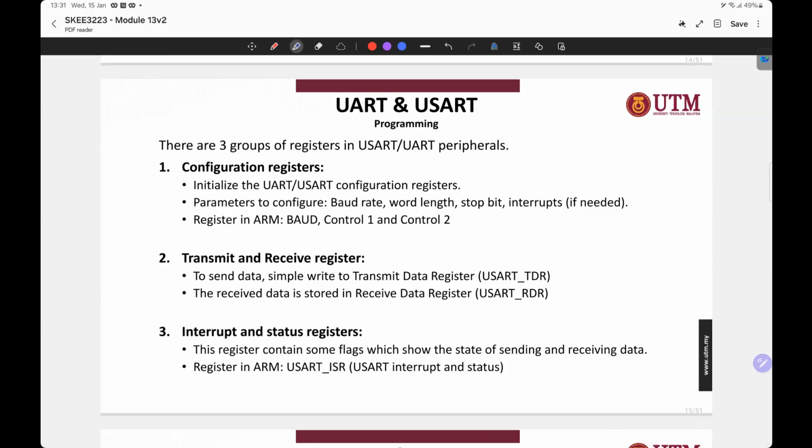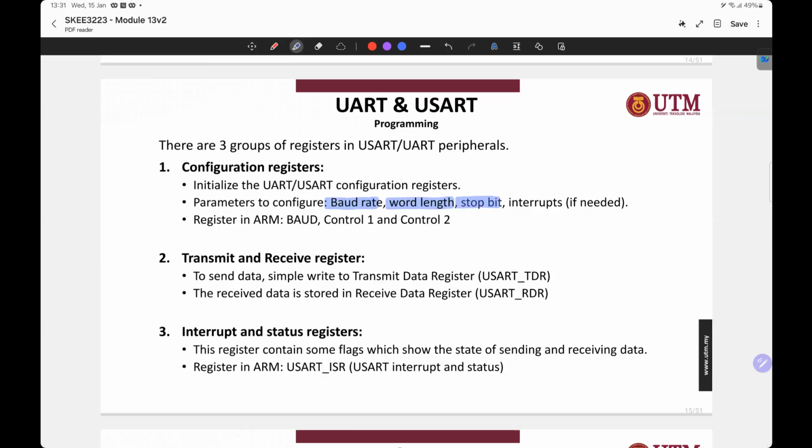First is the configuration register, where you initialize the USART or UART configurations. The parameters you configure in this register include the baud rate, which is the baud rate you are going to use, and the word length, how long the data you are going to send out. Is it 8-bit data or maybe 9-bit data?